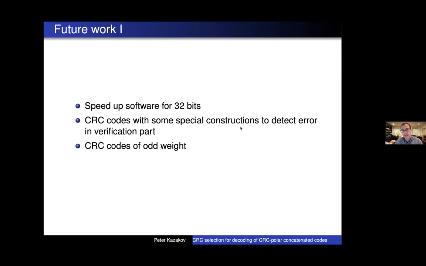Some of the work that Jacob's been doing indicates that the trade-off points to a smaller CRC, so the search space might actually be quite manageable, and we could do a more bespoke or customized search that would include an understanding of the connection between the polar code and the CRC. I just think that's an interesting direction. Yeah, I agree with this. It could be that we focus on some small dimension and find some optimal solutions for this.